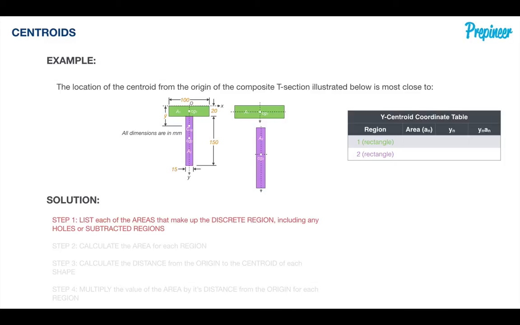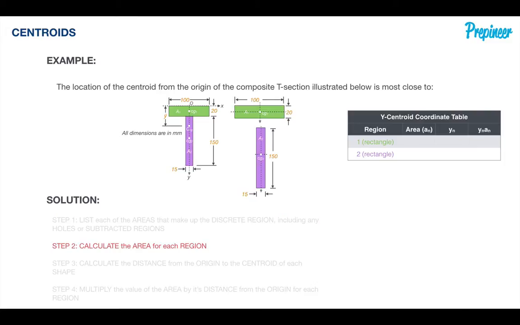Now I can go through all the dirty work to figure this out. I can do an x-centroid coordinate table, show you all the work, but it's just going to be a waste of time, and there's absolutely no way you should be doing that on the exam. So I just want to tell you one tip, just recognize symmetry so you don't have to go through that mess. All right, let's move on.